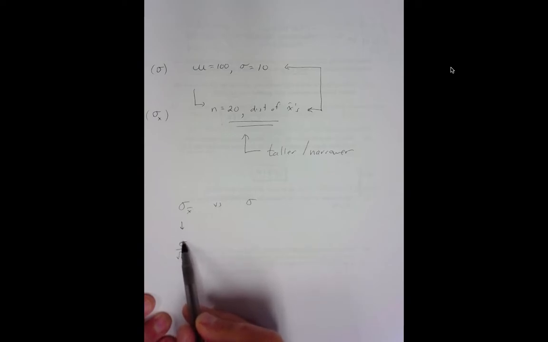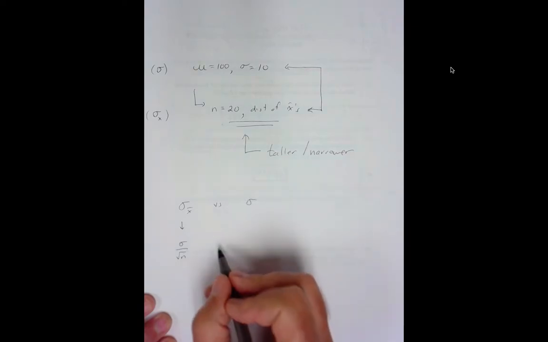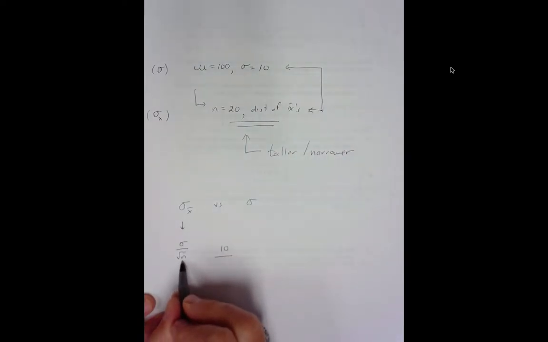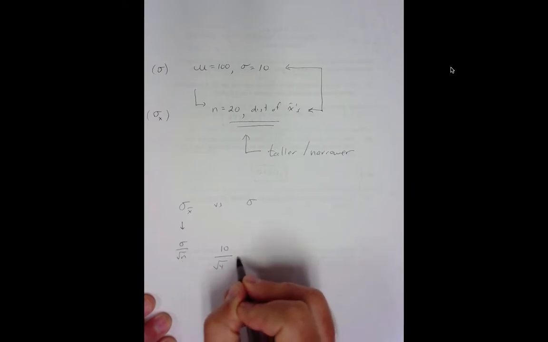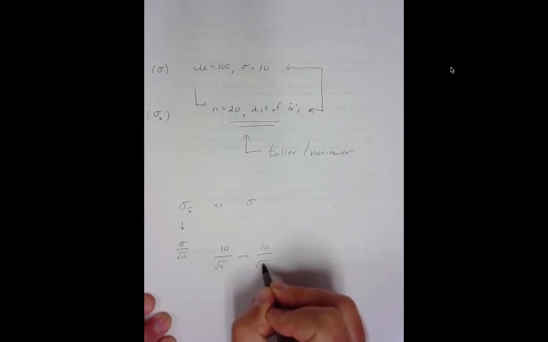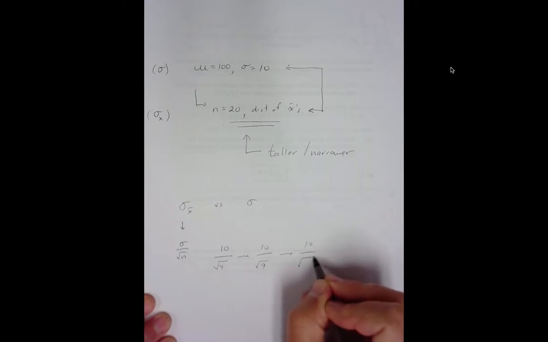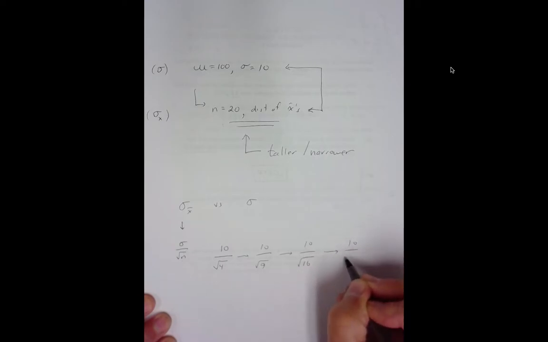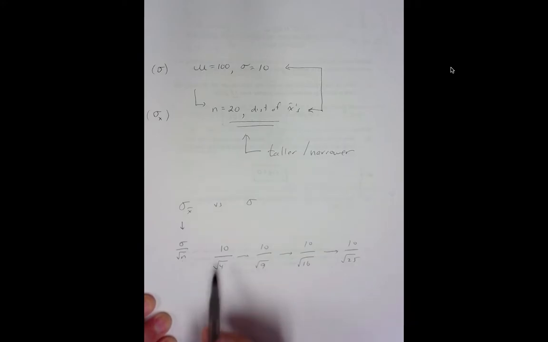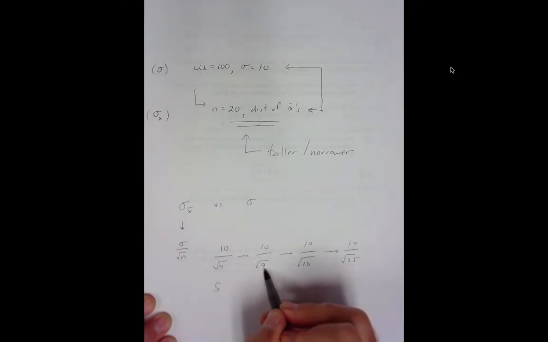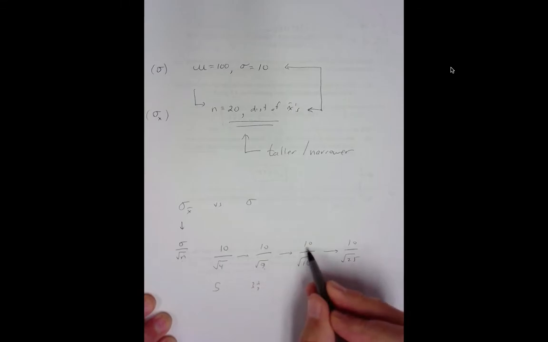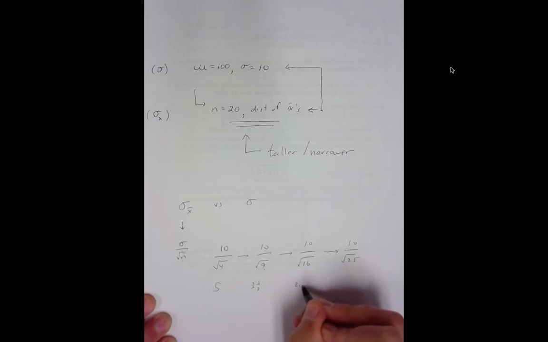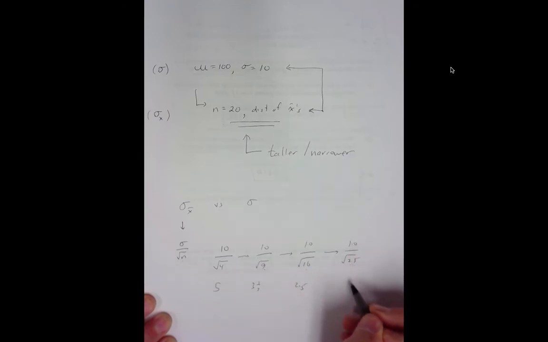So it doesn't matter what this value is right here, and let's just hold it to be 10. As this number gets bigger, let's just keep the square roots a nice number. 10 divided by 2 is 5. 10 divided by 3, 3 1/3. 10 divided by 4, 2.5. 10 divided by 5, 2.